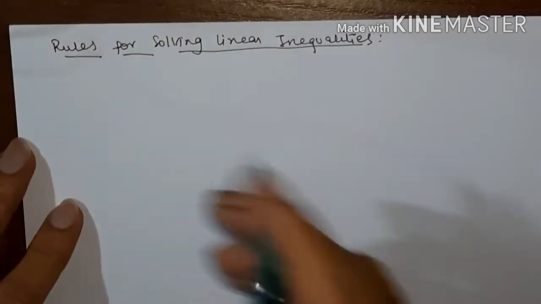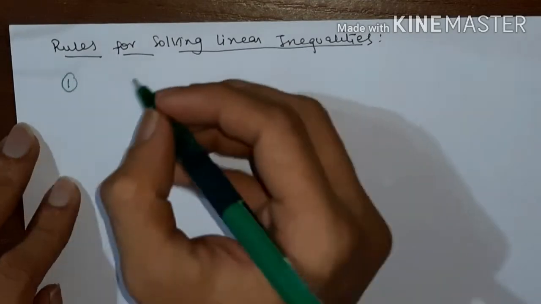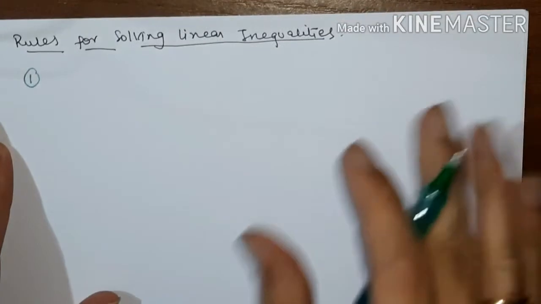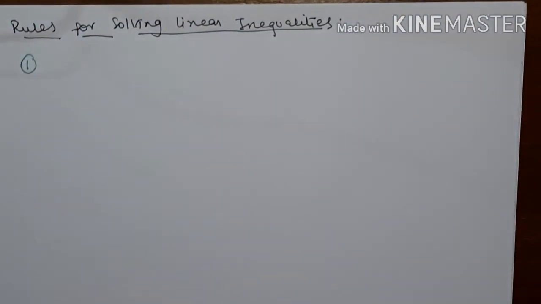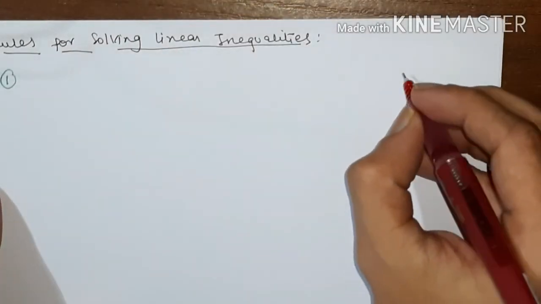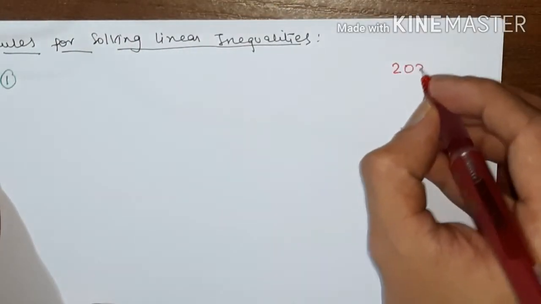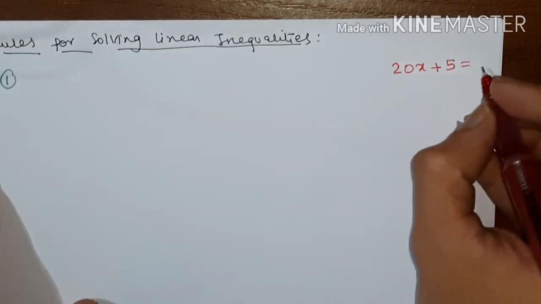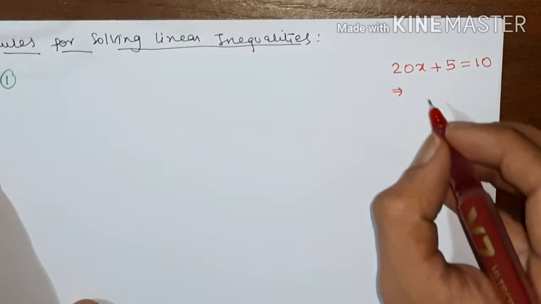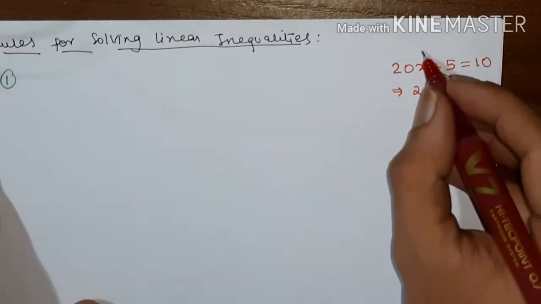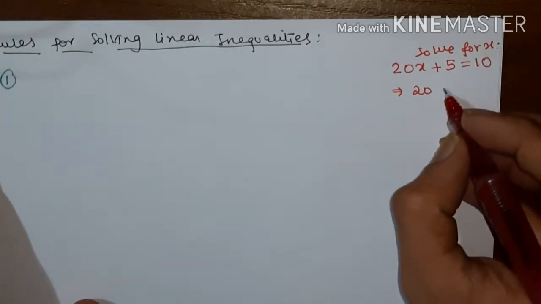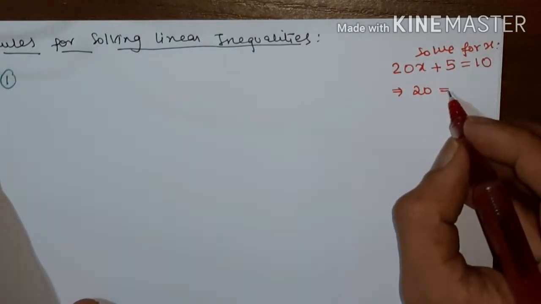Okay, let us look at the first rule. So see, what do rules actually mean? When you have an equation, say for example 20x plus 5 equals 10, and you want to solve for x, what you will do is subtract 5 on both sides.